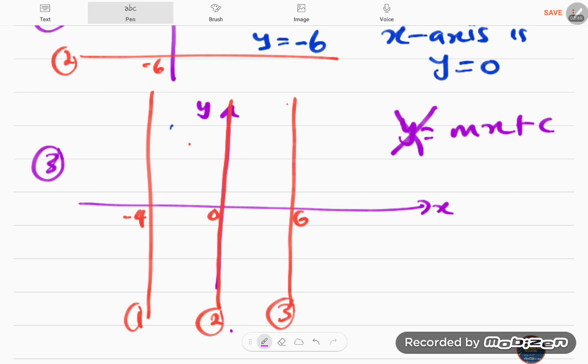So in essence, your equations are just going to be x equals 6 here, and that's the equation there. And then x equals minus 4 there. And as you rightfully guessed, the y-axis is just going to be x equals 0.